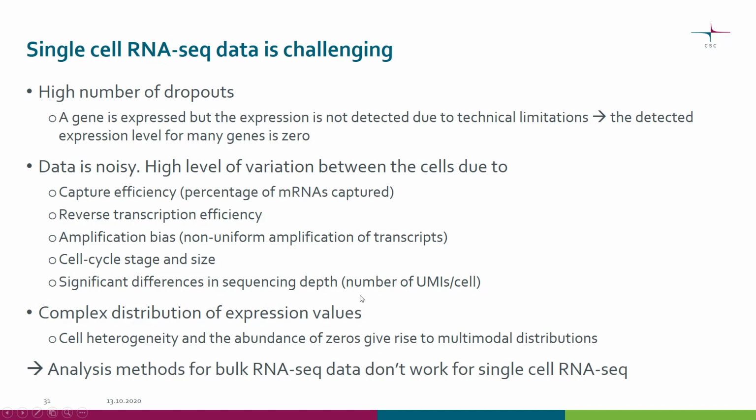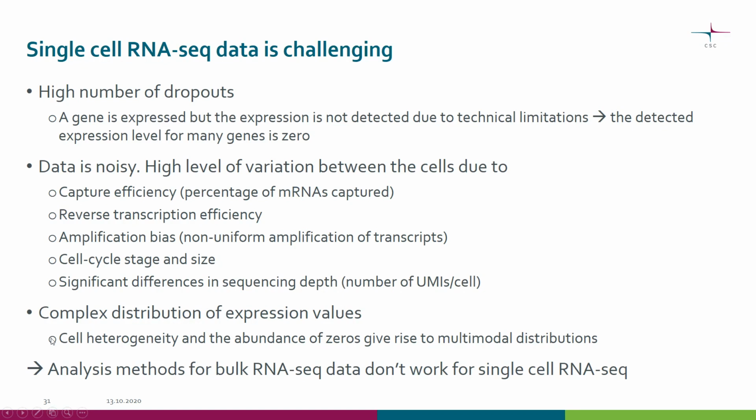So, of course, if one cell has twice as many UMIs in total than another cell, it's very likely that then the UMIs per certain genes are also twice as high. So we need to correct for this kind of thing during normalization.